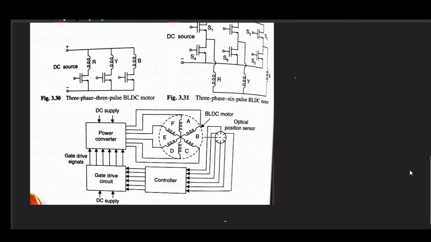Clearly, this is not for three pulse, but in case of three pulse, what you need to do is that this is your RYB phase winding. Clearly, your winding will be like embracing 120 degree of your total stator arc, like that in widespread coil.